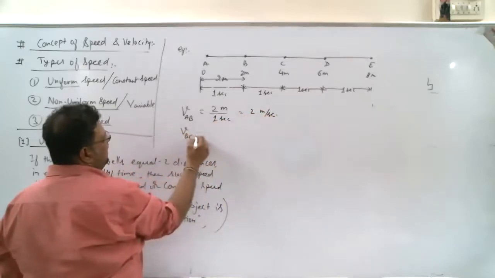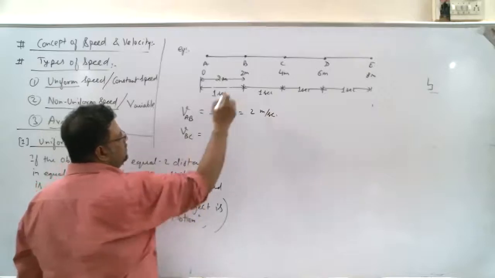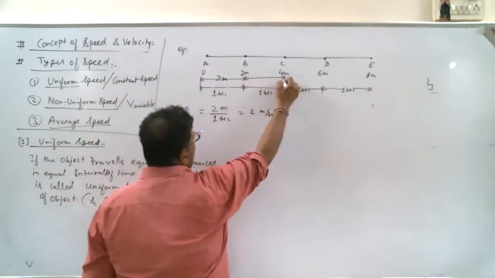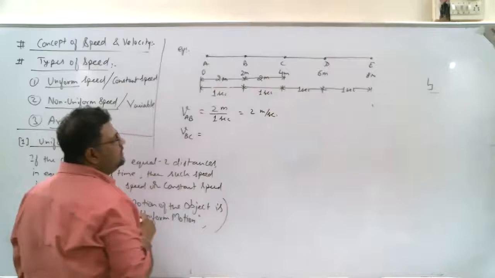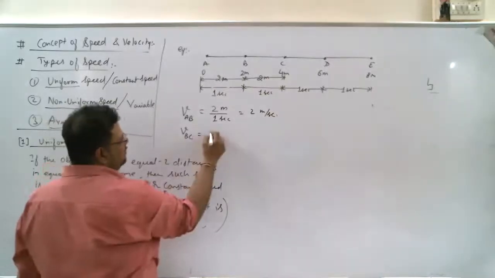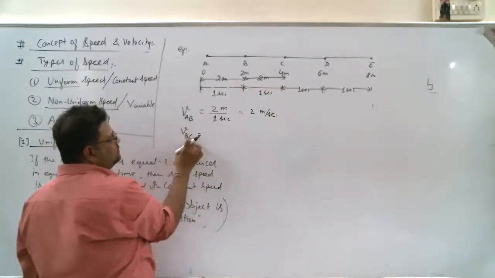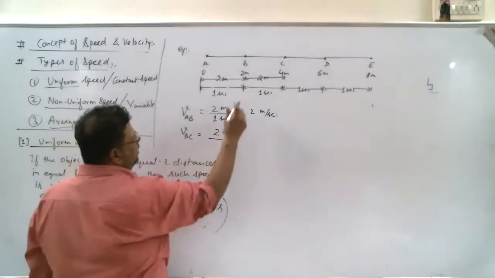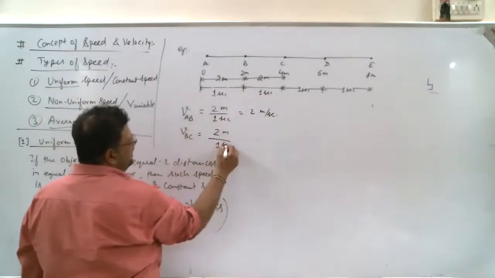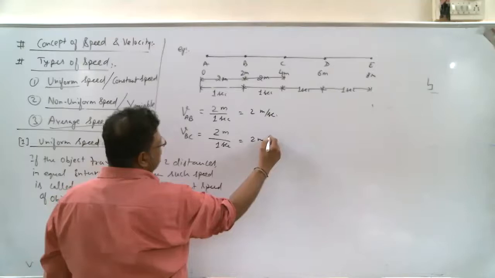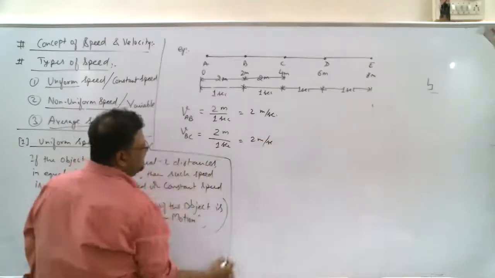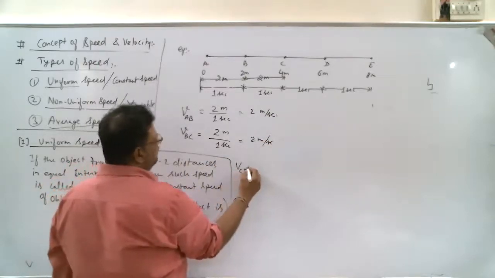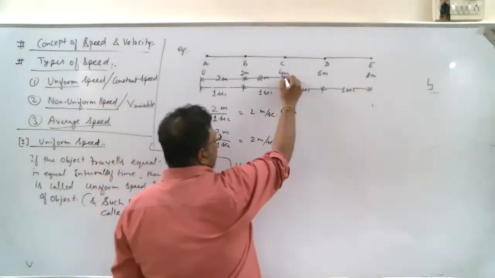If somebody asks B to C, then from 2 meter to 4 meter, how much distance has it traveled? Again 2 meter. So the total distance from B to C is 2 meter. And how much time? 1 second. Again, what is the speed? 2 meter per second.